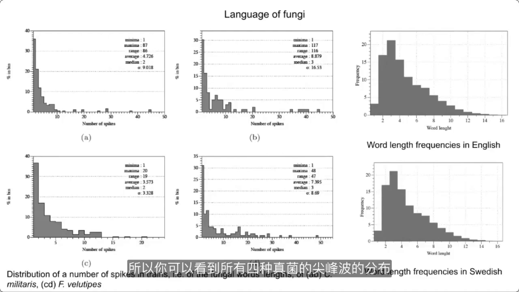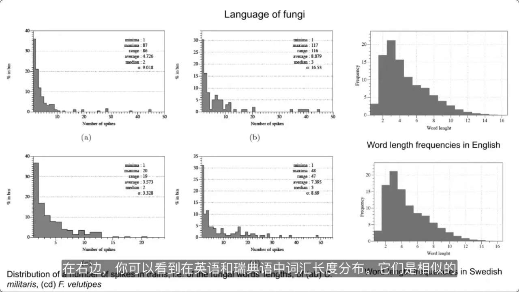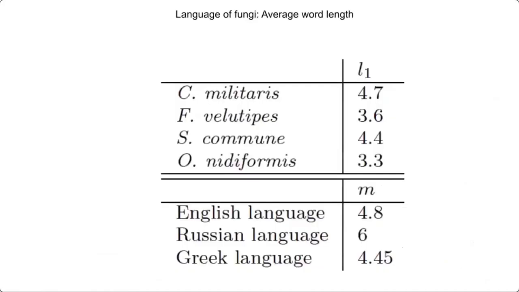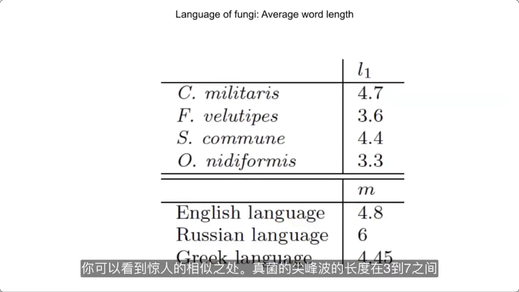So you see distribution of trains of spikes for all 4 species of fungi studied. And on the right, you can see distribution of word lengths in English and Swedish. They are quite similar. Moreover, if you compare the average length of a train of spikes in the 4 species of fungi studied and the average word length in English, Russian, and Greek, you see the comparison is striking.